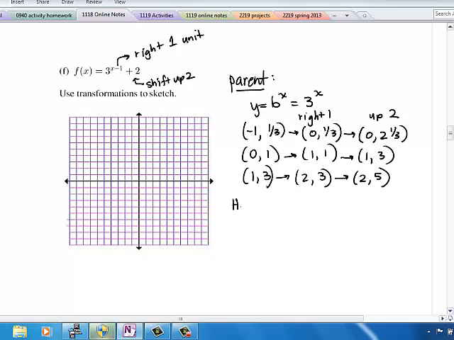And also we want to keep track of that horizontal asymptote, which is always the same as the vertical shift. So y equals 2 in this case. So let's put that in. And then let's plot these other points: (0, 2 1/3), (1, 3), (2, 5).